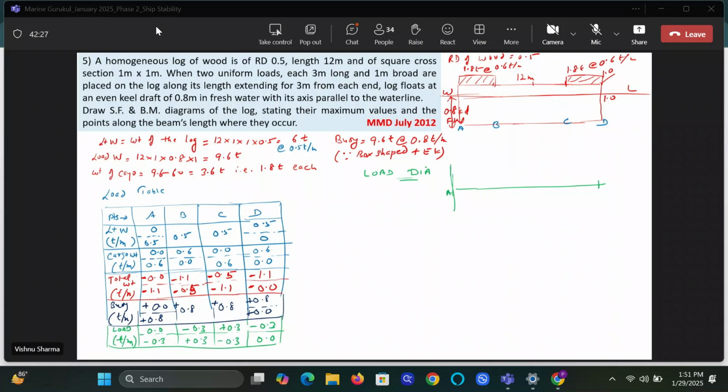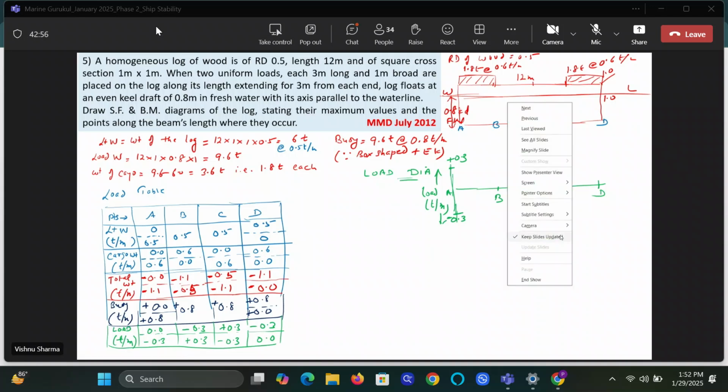This is A, this is D, this is midpoint, this is here, and this is here, this is B, this is C. Here it will be load. You can see I'm calibrating the y-axis also. So it's plus 0.3 here, and same distance you can take, minus 0.3. You don't have to waste time on deciding the scale of the y-axis when values are so convenient, right? So don't unnecessarily bother.